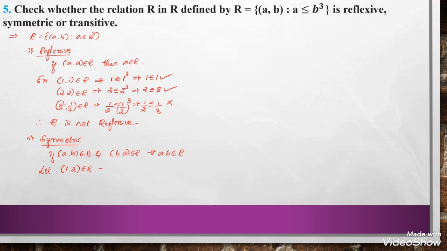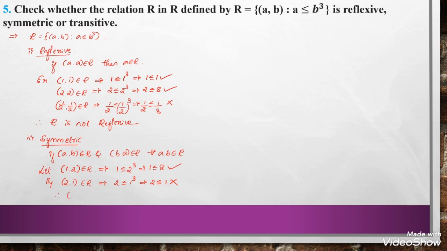Then the condition: 1 is less than or equal to 2 cube. Obviously, because 1 is less than or equal to 8. Similarly, (2, 1) belongs to R? Here, 2 is less than or equal to 1 cube. The condition is not satisfied here.